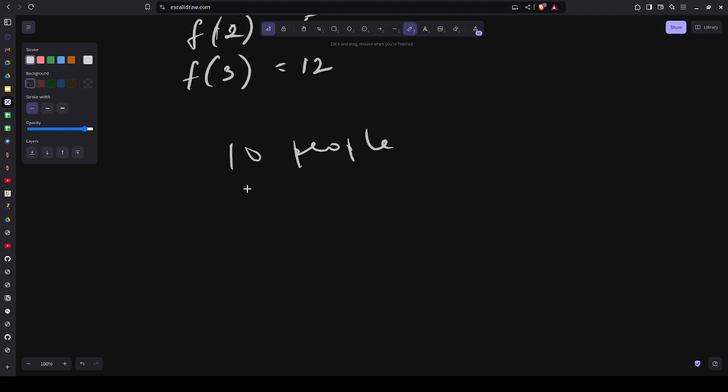Like 4 people out of those 10, we need at least 4 of them to agree. And those 4 people can be any random combination of the original 10 people.